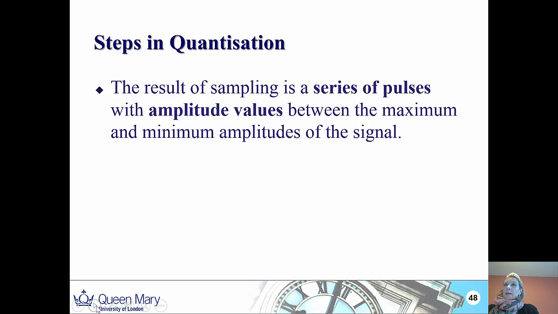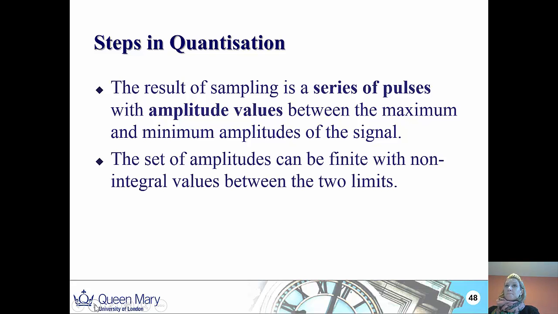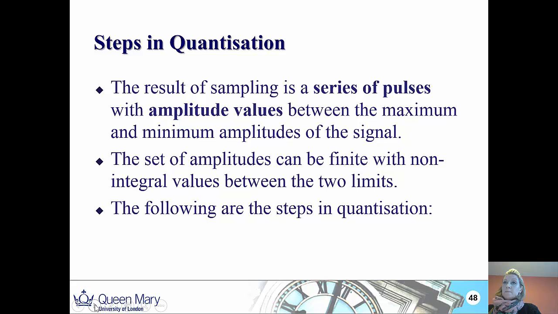The result of sampling is a series of pulses with amplitude values between the maximum and minimum amplitudes of the signal. The set of amplitudes can be finite with non-integral values between the two limits. So we'll have a number of values within these two limits.